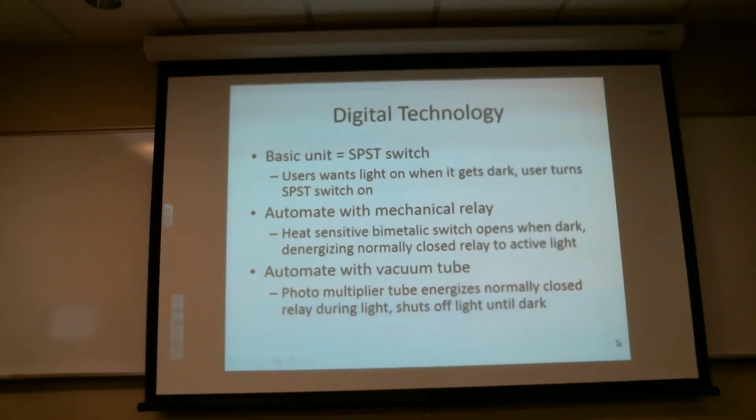Okay, so when the vacuum tube activates the relay, it goes to open. But when the light goes away, the vacuum tube doesn't get much light, so it stops activating the relay. So the relay goes to its normally closed position, turning the light on.